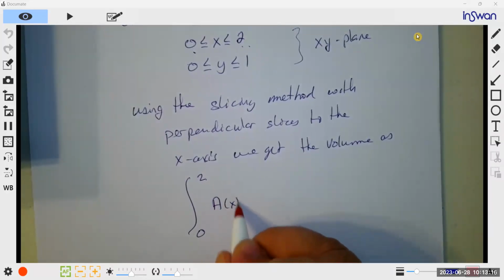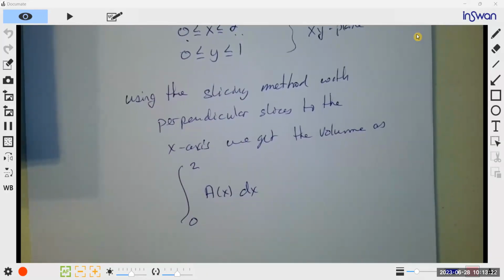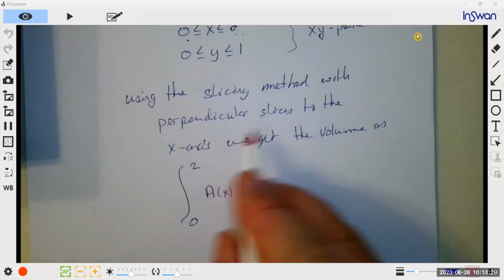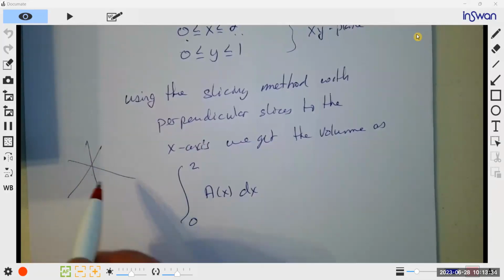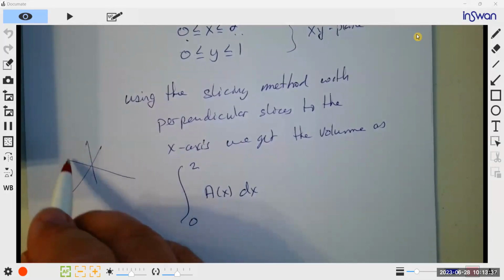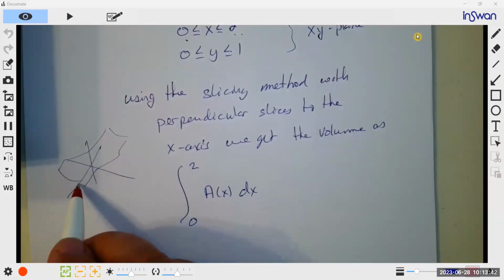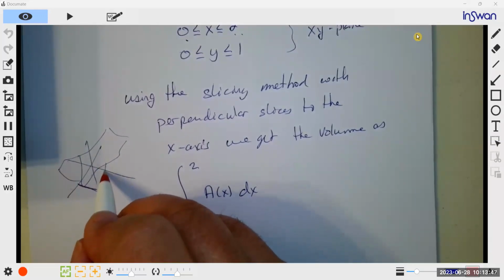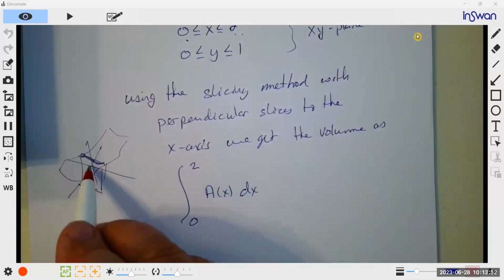We have the area of the object, dx. But remember, this is the cross-section perpendicular with respect to the x-axis. So wherever our shape is, we're only looking at it's perpendicular, so it'll project up to here, and we're looking at that area.